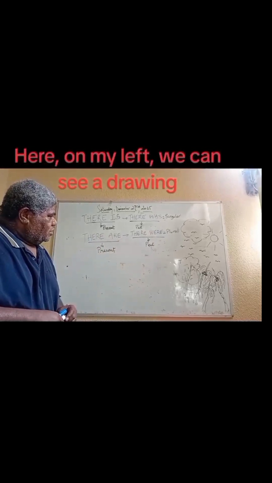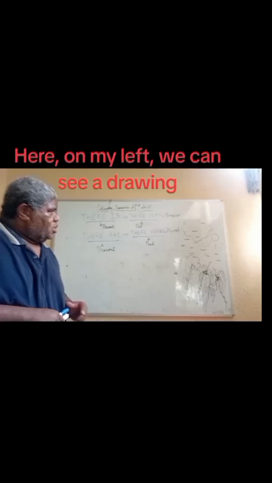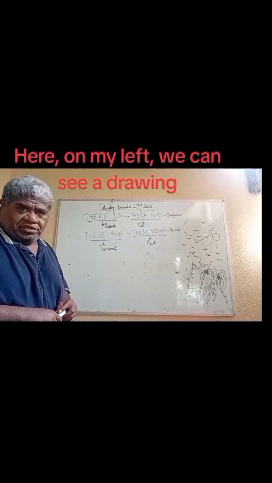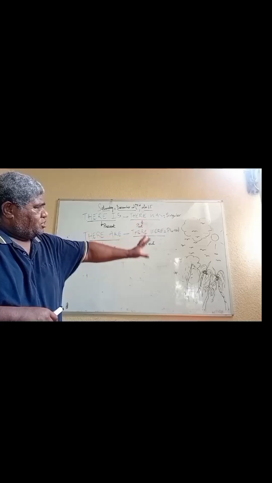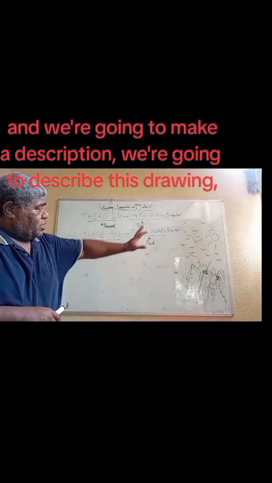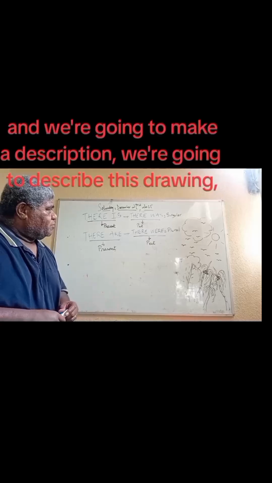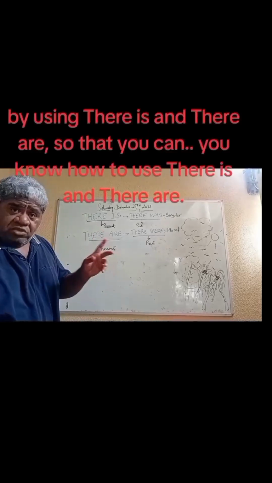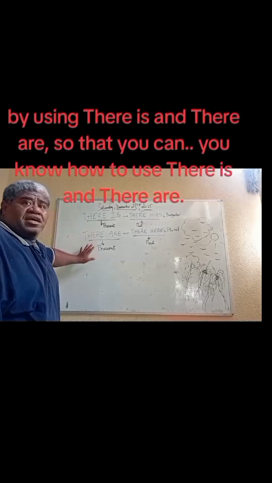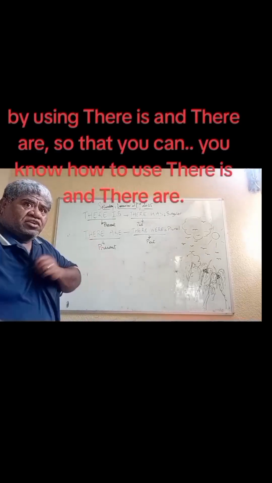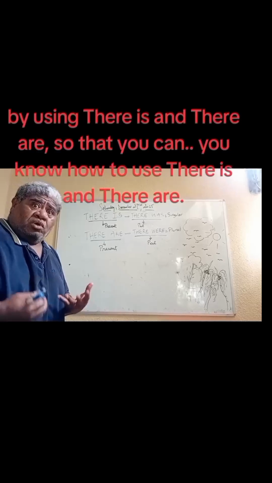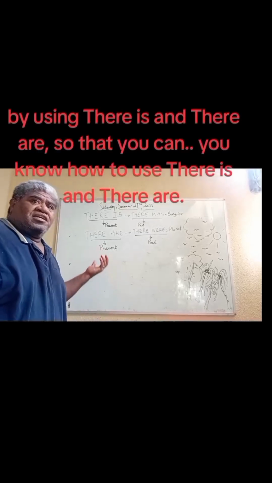Here on my left, we can see a drawing, and we're going to describe this drawing by using there is and there are, so that you know how to use them.